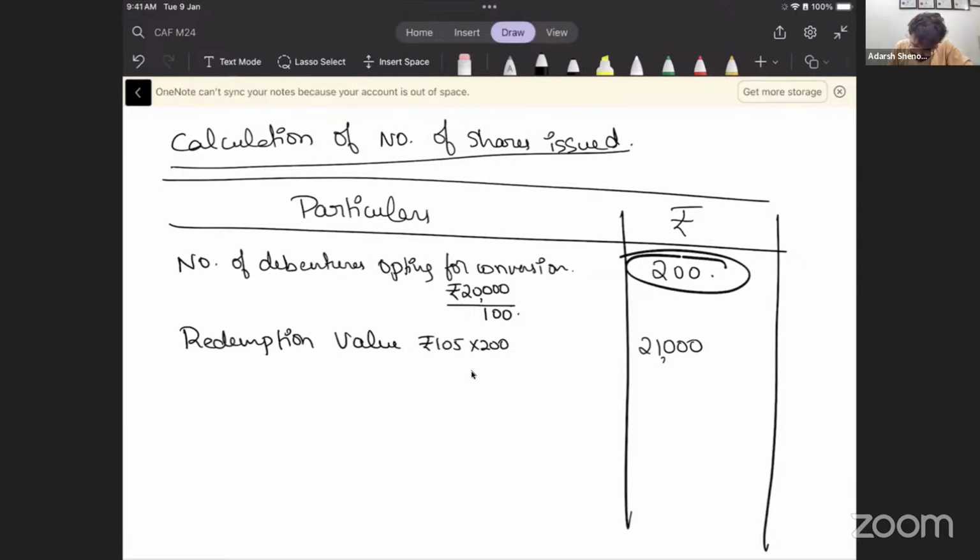So what is the proportion of convertibility? Proportion of conversion into equity shares is 20%.